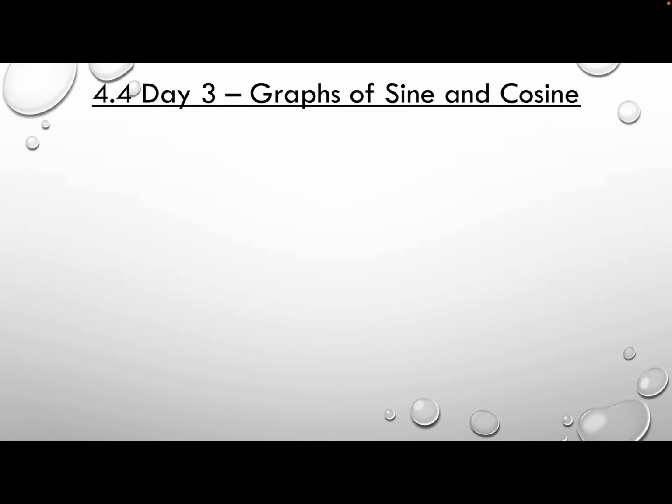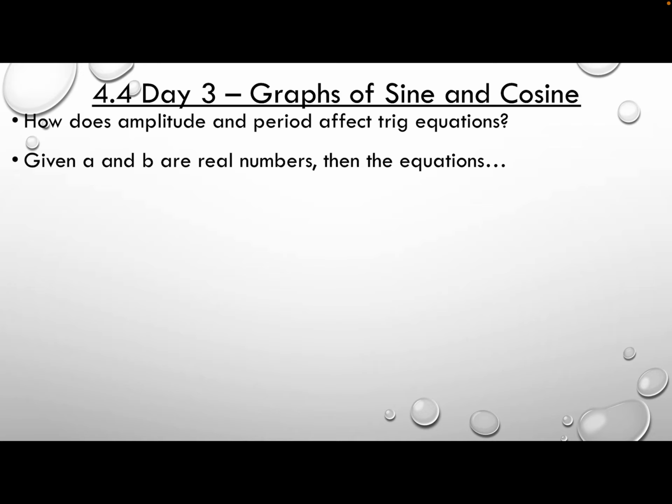So first let's talk about how amplitude and period affect trig equations. Given a and b are real numbers, the equations are y equals a times sine of bx and y equals a times cosine of bx.